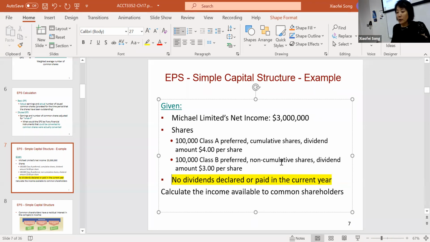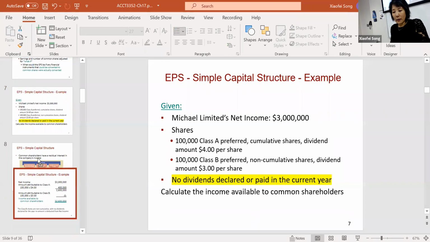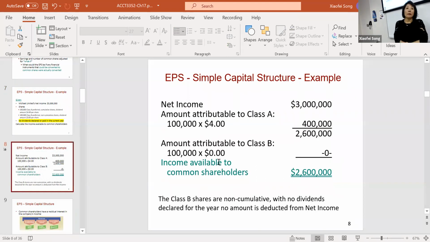So that's the first case. Therefore, if no dividends are declared or paid in the current year, this is the computation. This is how we compute earnings available to common shareholders.